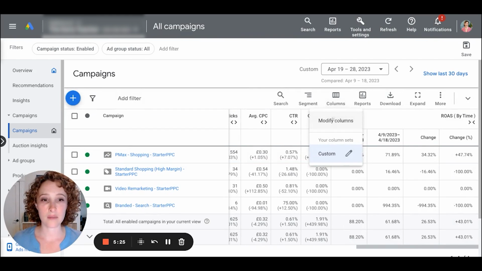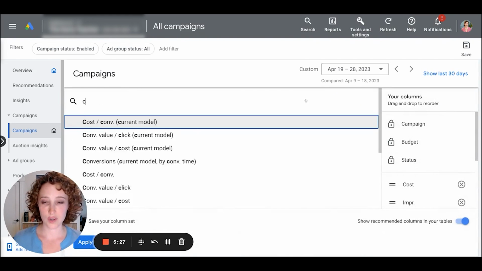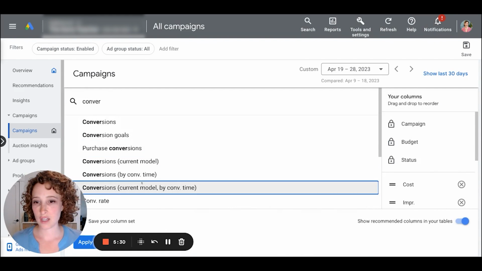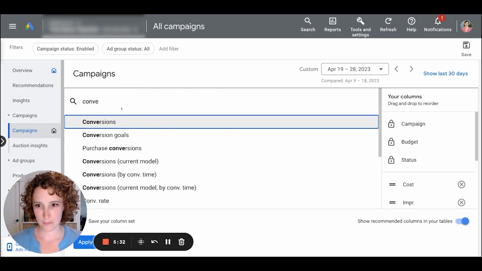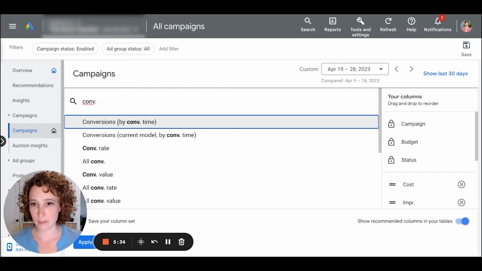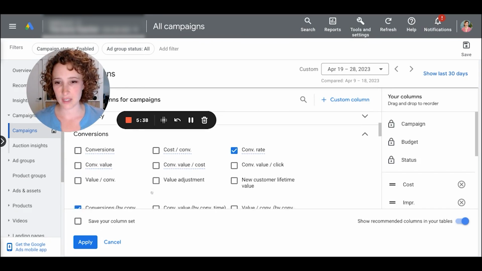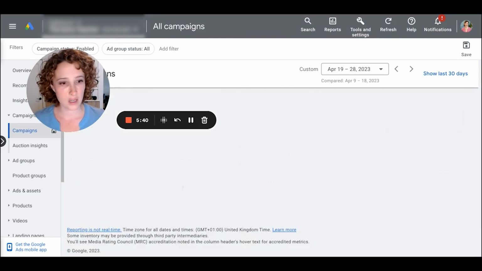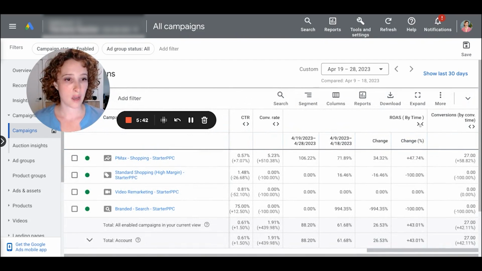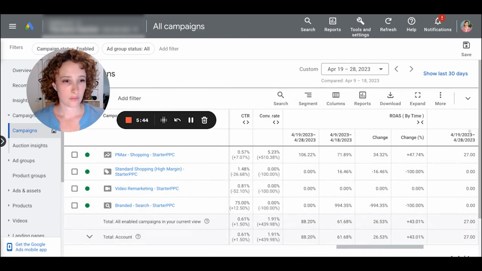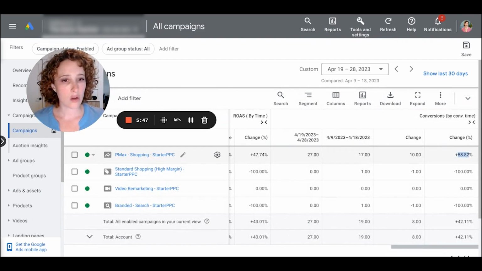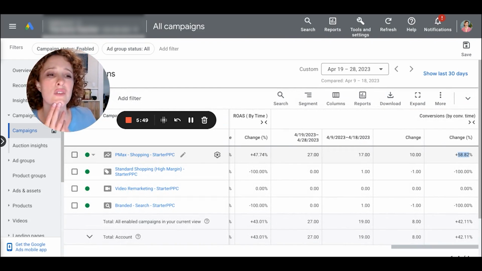I'm going to click on columns, modify columns, search for conversions. Conversions, I like conversions by time, conversions by conversion time, because that shows us the conversions on the day the conversion actually happened instead of on the day that the first click happened. So that's my go-to metric here. Oh, okay. Okay, I'm wrong. Conversions went up. Interesting.